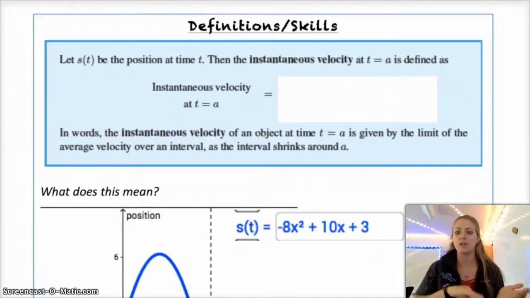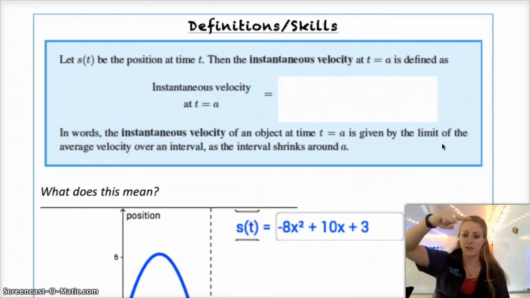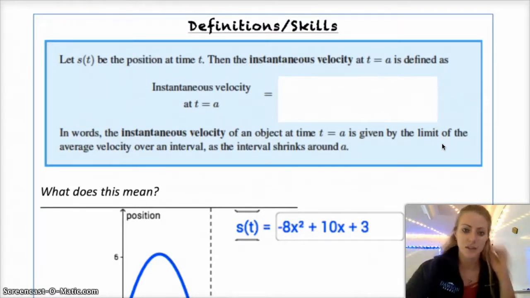Over time, the velocity of the ball is changing, as is its direction. If you're throwing it up, you should have a positive velocity, and as you come down, a negative velocity. So it goes from a positive velocity to a 0 velocity, and then down to a negative velocity.